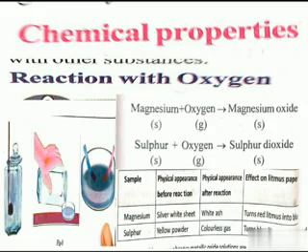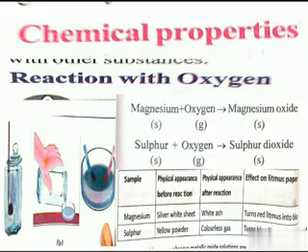If we put blue litmus paper in magnesium oxide solution, its color does not change. If we place red litmus paper in magnesium oxide solution, it changes into blue. If red litmus paper changes into blue, then the substance is basic in nature.